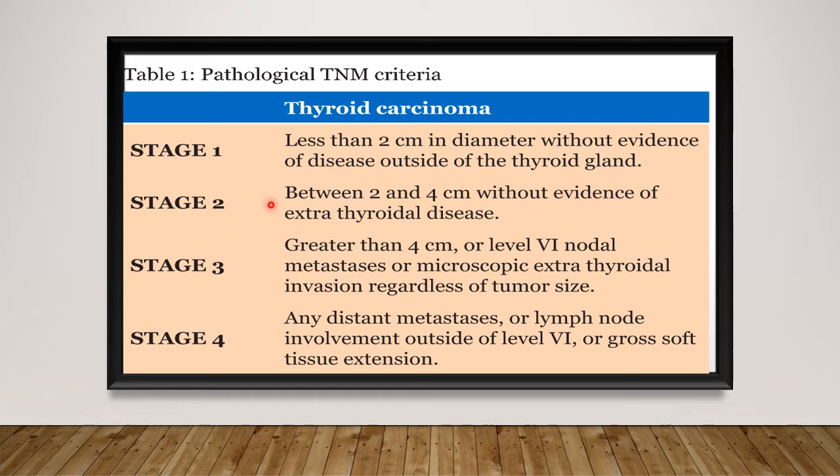Stage 2, tumor is 2 to 4 centimeters, again without evidence of extrathyroidal disease. Stage 3, the tumor is greater than 4 centimeters, or level 6 nodal metastasis, or microscopic extrathyroidal invasion regardless of tumor size. And stage 4, any distant metastasis or lymph node involvement outside level 6 or gross soft tissue extension.